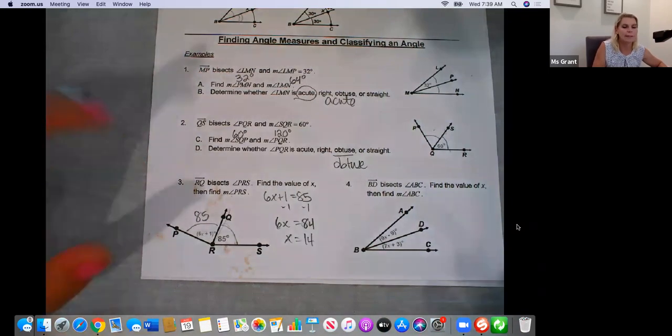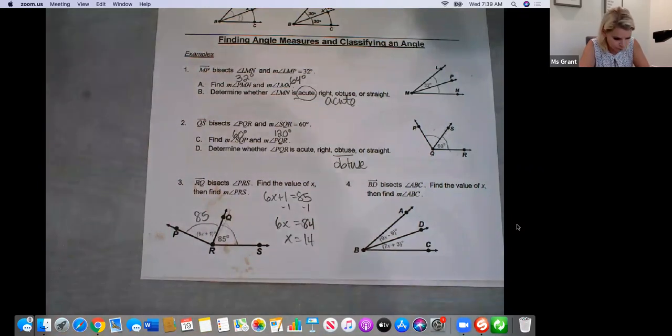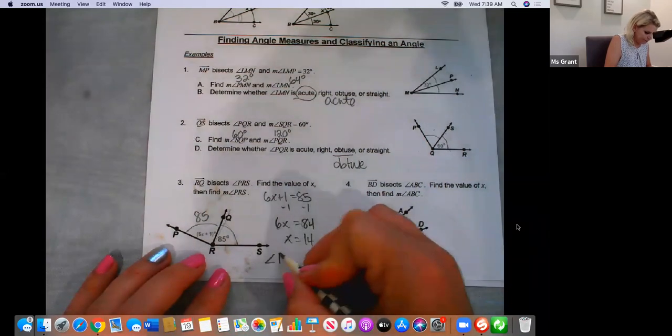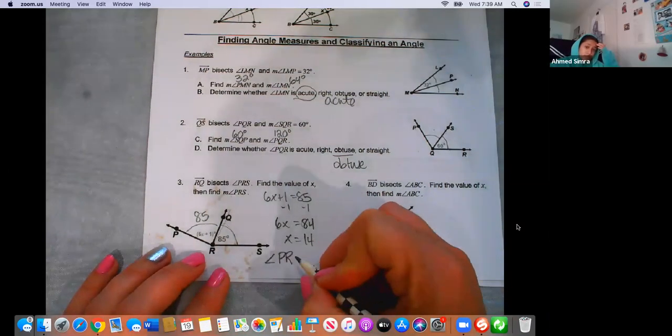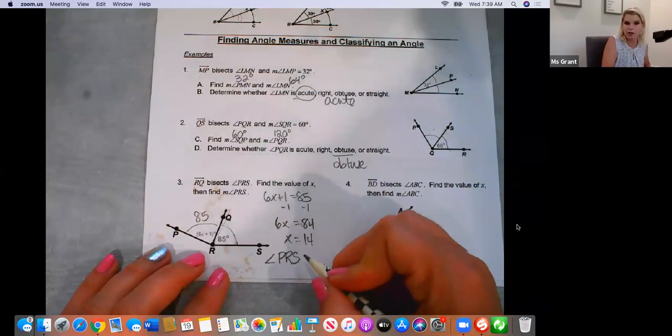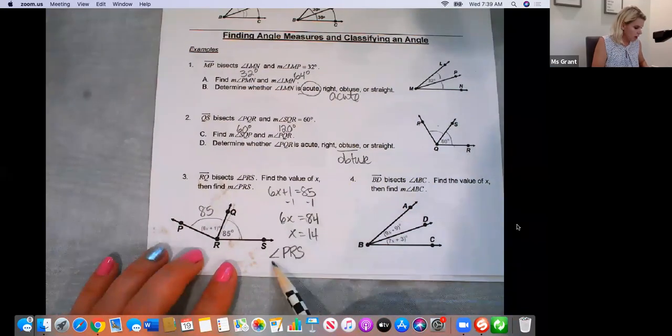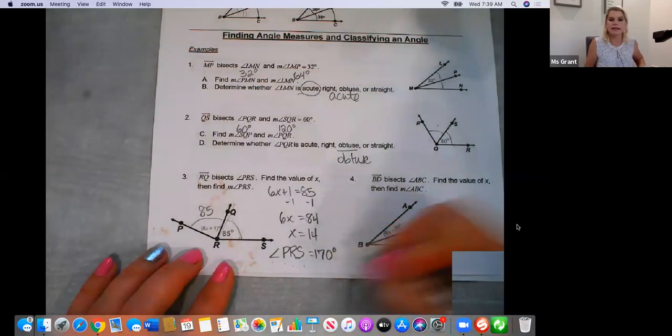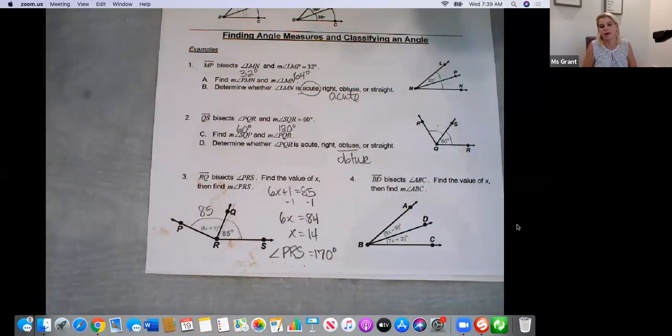Do not plug 14 in and then add 85, okay? Simra. It'd be 170. It is. So let's talk about how to write that. You are correct. Good. Angle PRS equals 170 degrees. That's how you write it, okay?